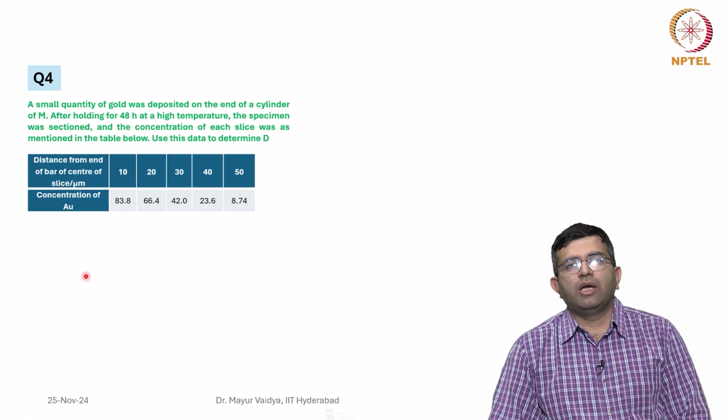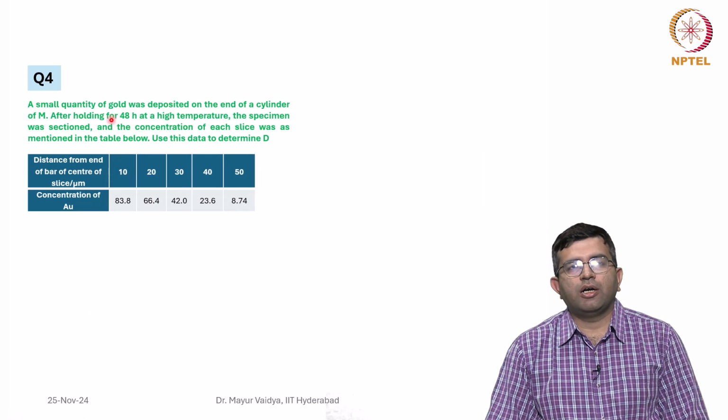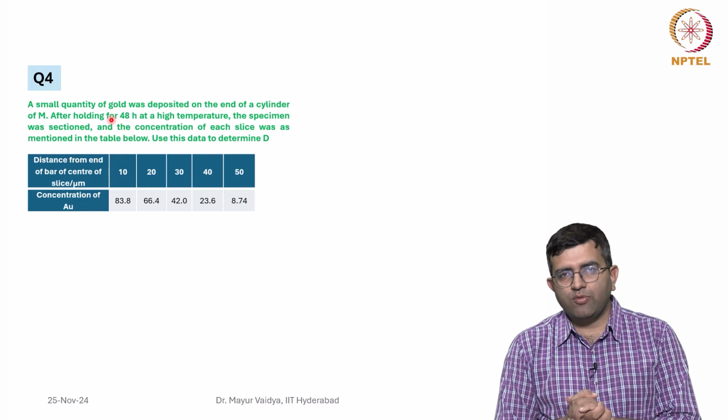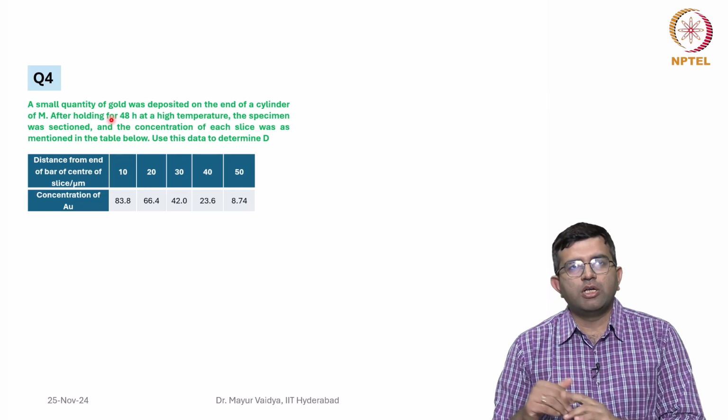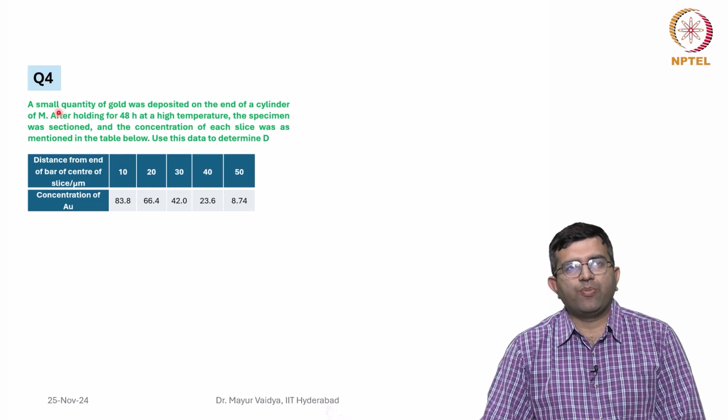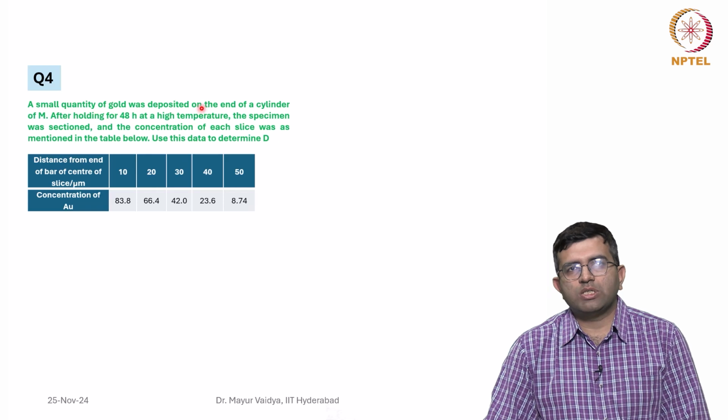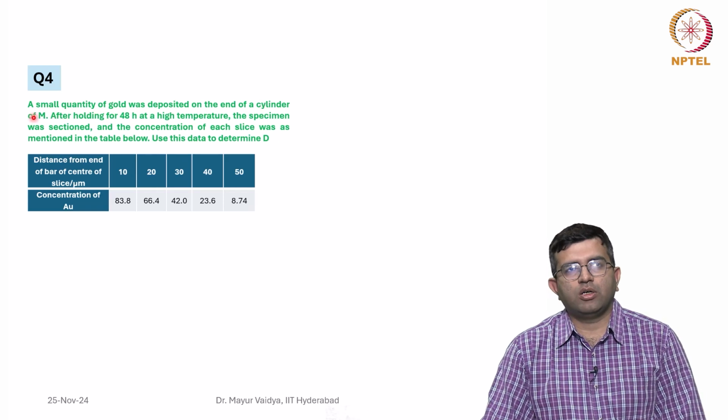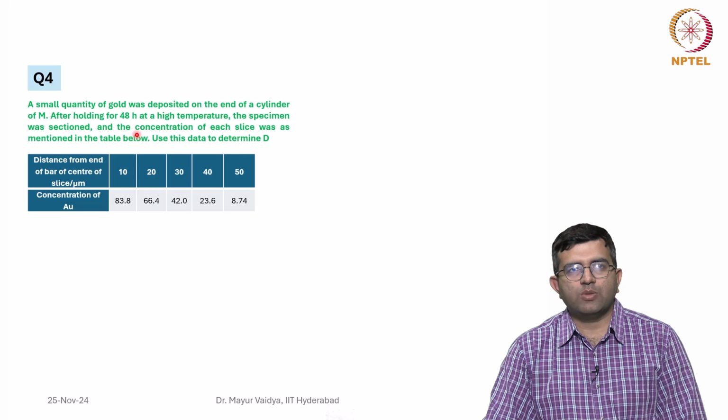Now, this is a question based on a thin film diffusion problem. The question reads like this: a small quantity of gold was deposited on the end of a cylinder of a metal M. After holding for 48 hours at a high enough temperature, the specimen was sectioned and the concentration of each slice was as mentioned in the table below.